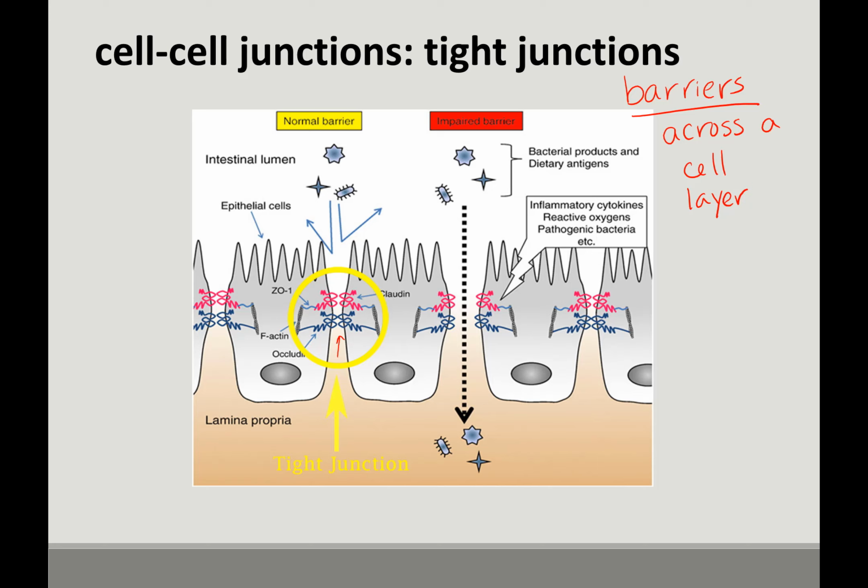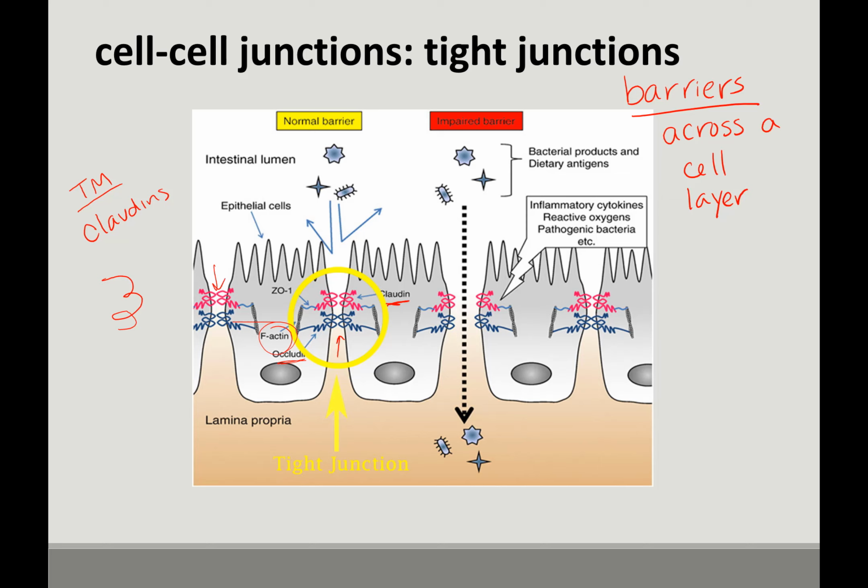Tight junctions are made of transmembrane proteins called claudins. So you can kind of see the word claudin here, and there's O-claudin, right? And they're interacting with actin. And you can see that claudins have this characteristic looping structure.